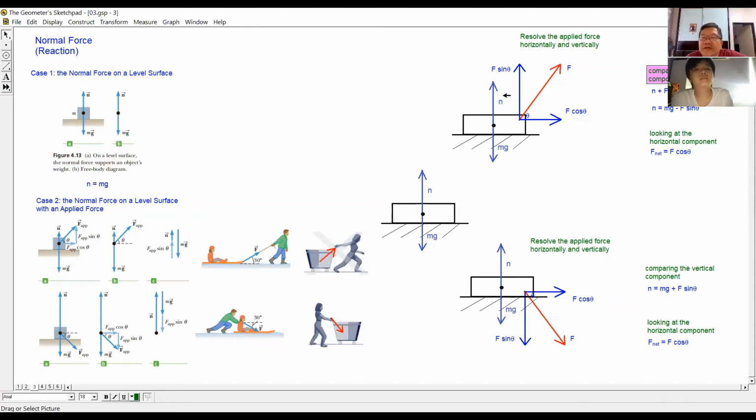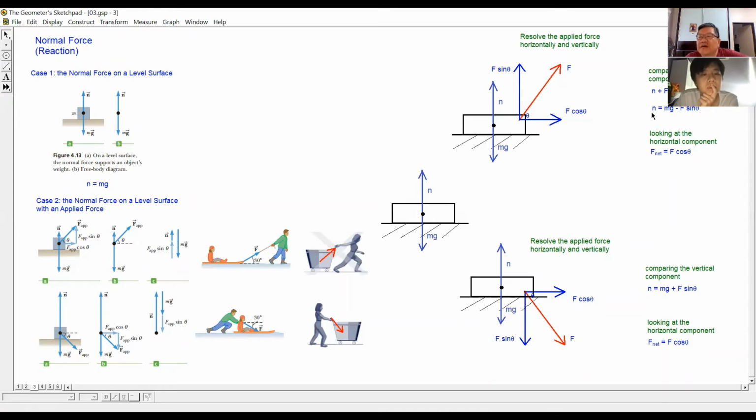So the vertical forces must balance one another. How do they balance? N plus F sine theta is equal to mg. The two forces acting upward are balanced by the force acting downward.